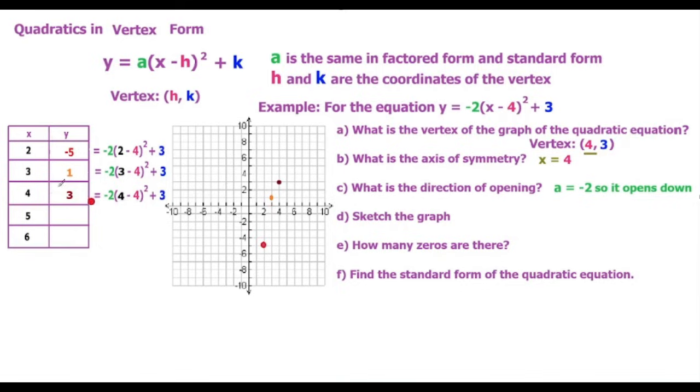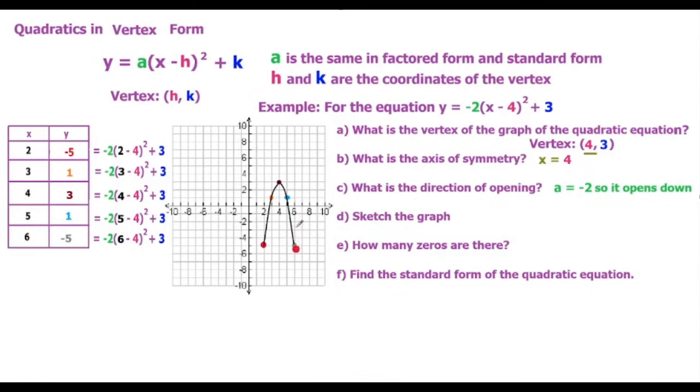So now when x equals 4, y equals 3. So (4, 3). When x equals 5, y equals 1. So we get (5, 1). And then when x equals 6, y equals -5. So (6, -5). So we can draw this parabola.